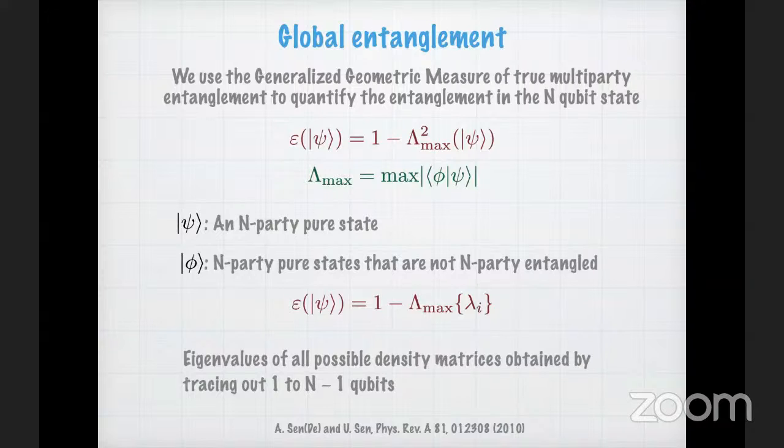It turns out that in very many cases you don't have to consider all possible divisions of these n qubits into k and n-k qubits, but rather a division into 1 and n-1 is sufficient for computing this measure. Not all, but many of the cases we are interested in.